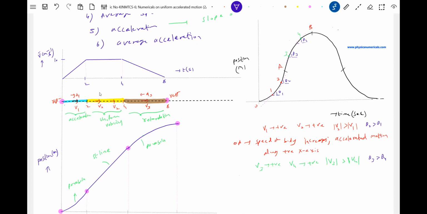So what is the type of motion for AB? For AB, what can we write? Speed of body decreases. So we can write it as retarding motion along positive x-axis. The body is moving, and the speed of the body decreases. So the type of motion is retarding motion along positive x-axis.